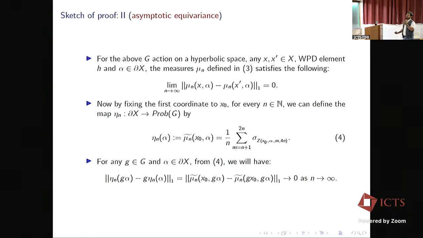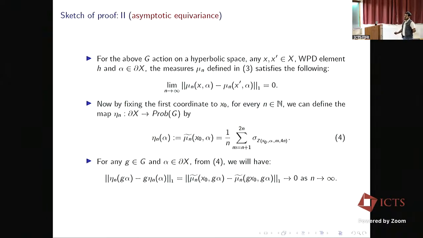Now this is coming from the hypothesis that if we have a G action on hyperbolic space, and these are points from X, and alpha is coming from the boundary, then it is a very similar kind of estimate to what we observed in the mapping class group curve complex situation in terms of the function H. And now we fix this first coordinate, and we define these maps, these probability measures.